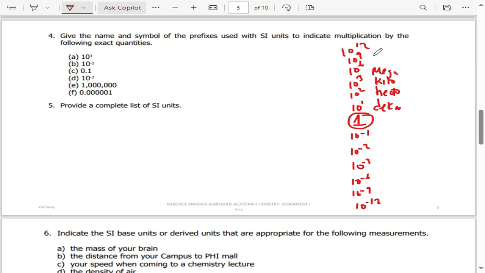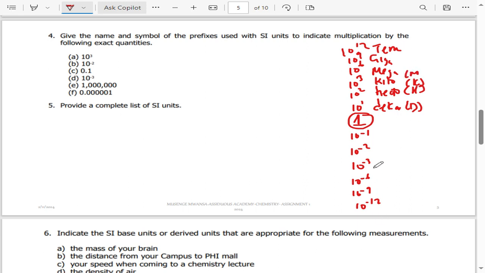Power 9, that is a billion, that is a giga. Power 12, that is a trillion, that is a tera. And then coming down, 10 to the power negative 1, this one was deca, capital D. The ones on top are capital letters, capital D, capital H, capital K, capital M, capital G, capital T.